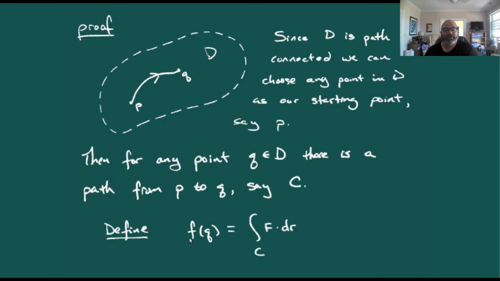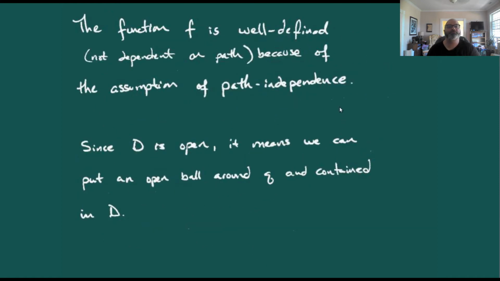Well, we define this potential function f of Q, for the point Q in D, as just being the integral over C of F dot dr, where C is any old path that we want from P to Q. Now, because we have the assumption that this thing is path independent, it doesn't matter which curve we choose. We're going to get the same answer either way. And so that's why this function is really a well-defined function, because of our assumption of path independence.